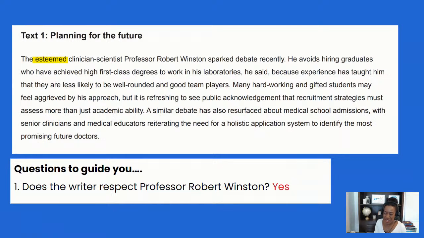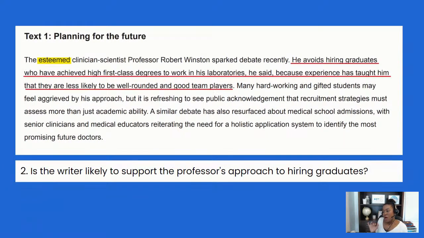Okay, so the next question to help guide your thought process here: we then go on to the second sentence where the writer explains Professor Winston's approach to hiring graduates. Now, because of the use of the word esteemed, is the writer likely to support the professor's approach to hiring graduates? What do you think?